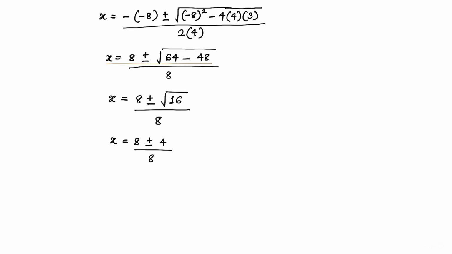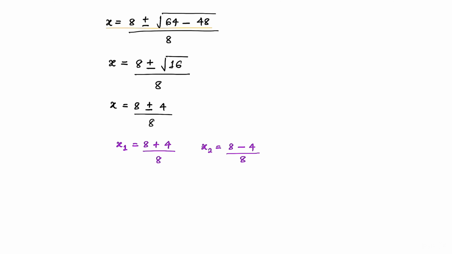In order to do the operation correctly, we need to separate the positive and the negative. So we have x1 equals 8 plus 4 divided by 8. And we have x2 equals 8 minus 4 divided by 8. So we have two real roots in this situation.